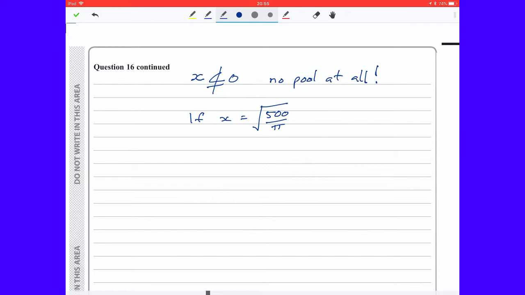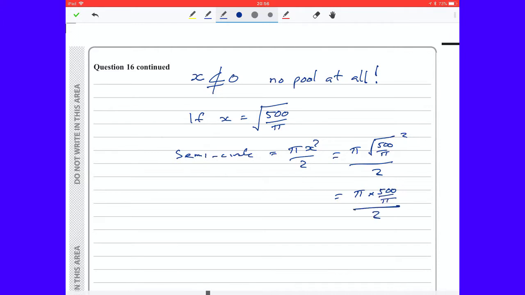Well, the area of the semicircle is pi x squared over 2, and that would be pi times the square root of 500 over pi, squared, over 2, and that gives us pi multiplied by 500 over pi all divided by 2, and we see the pi's cancel and 500 over 2 is 250. So that means that the whole 250 meters squared of area has been taken up by the semicircle and there's no room for a rectangle.